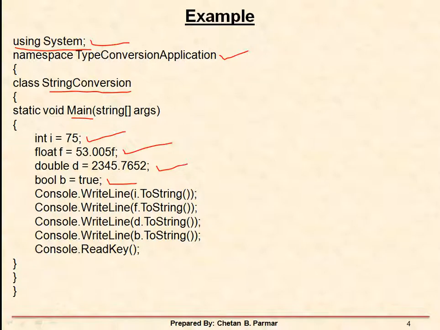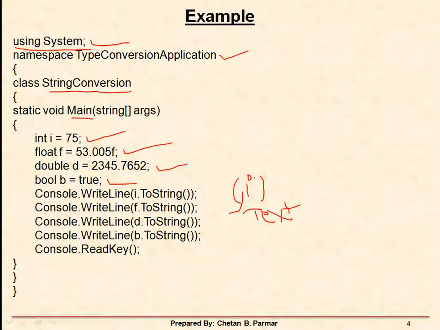So how is it possible? Console.WriteLine, I'm just printing the value of i. If I write i in a message, it gives an error, because this Write function takes text as an argument, and here we are passing i, which is of type integer, so it will not allow me.